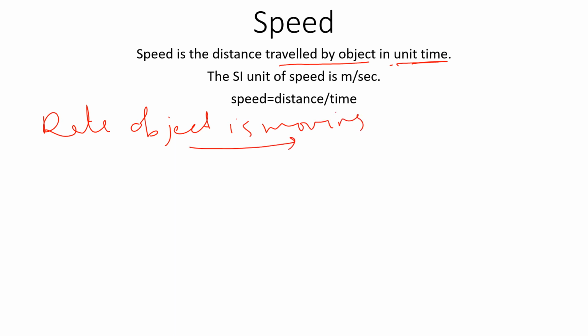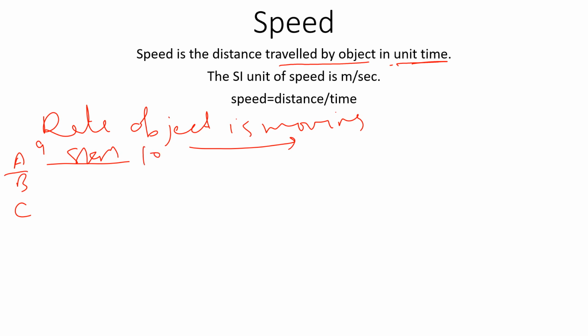For example, there are three persons A, B and C. They started at the same time. Suppose at 9, they started and reached a place which is 8 km away. The first person reached the place at 10.